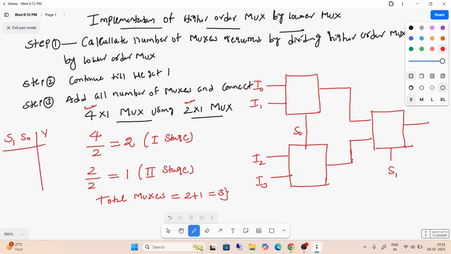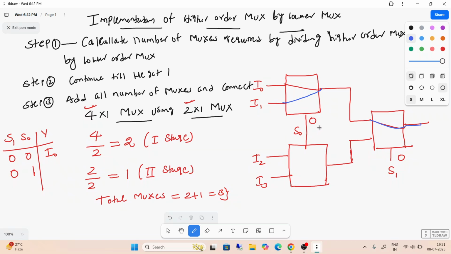When it is 0 0, which is connected? I0 is connected like this. Next, 0 1: I1 is connected like this line.